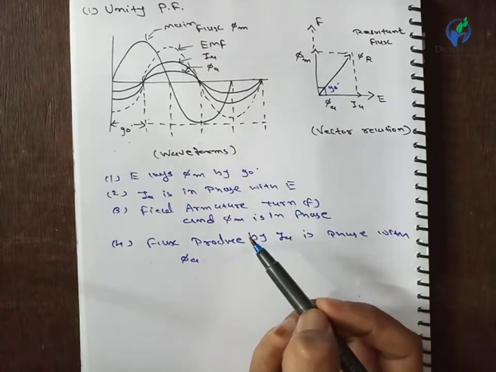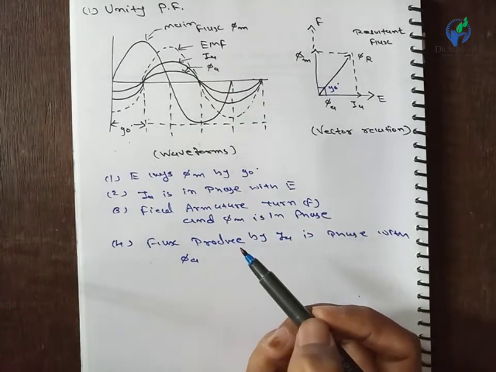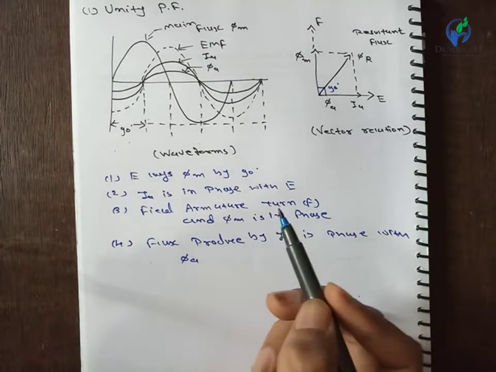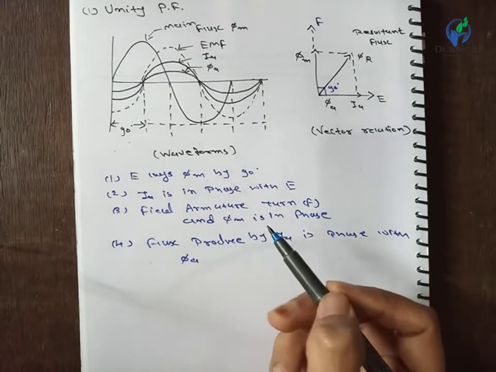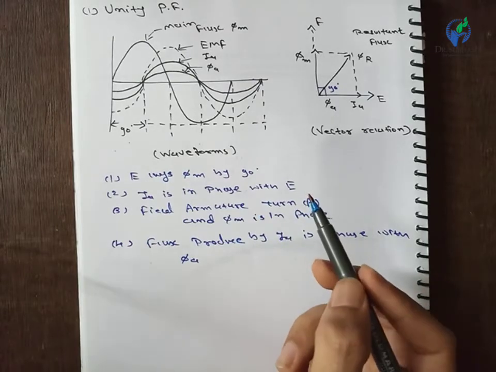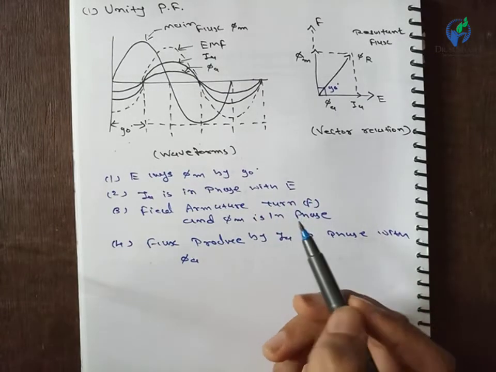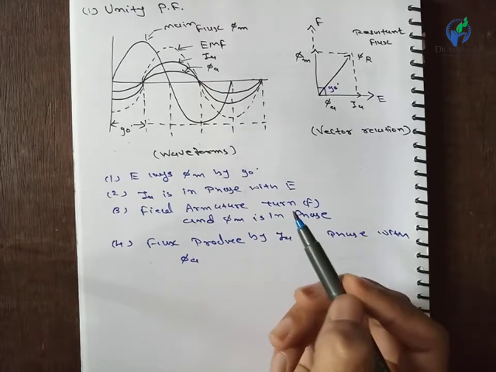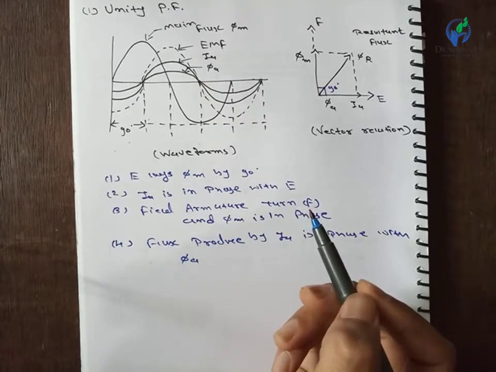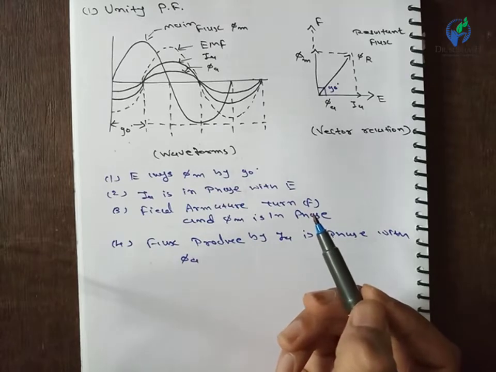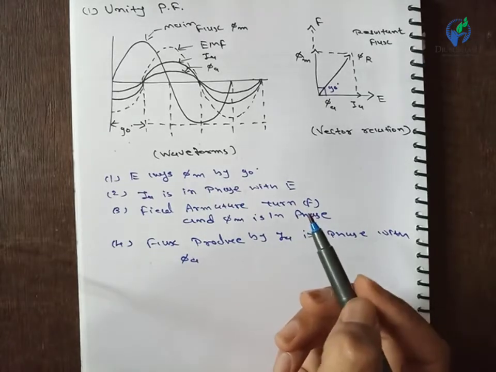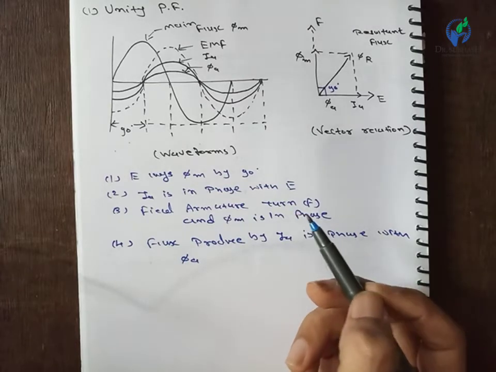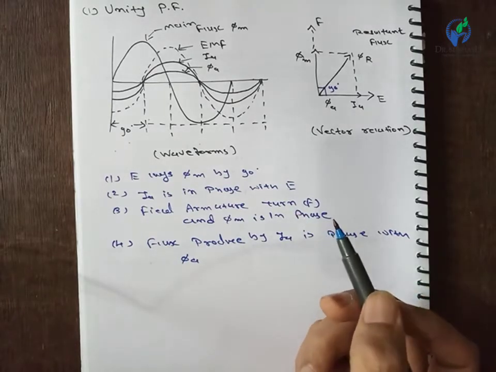It is noted from the waveform and vector diagram that the armature flux crosses the main flux and the resultant flux is indicated. So for the unity power factor, which is a resistive load, the effect of armature reaction is such that the main flux phi m is crossed or distorted. It is a cross magnetizing effect.